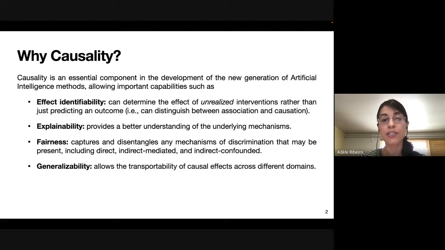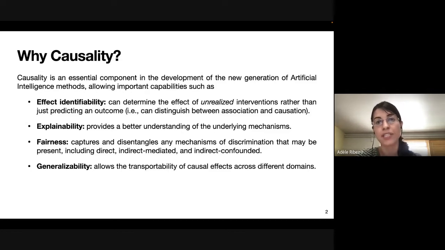And another important topic is generalizability. This is also known as transportability, because sometimes you know the effect of an intervention in some population. For example, if you conduct a clinical trial, usually you are running this experiment for one specific population. So the results have internal validity.